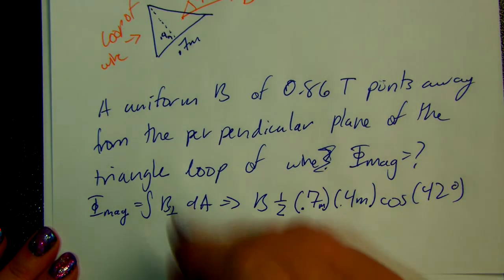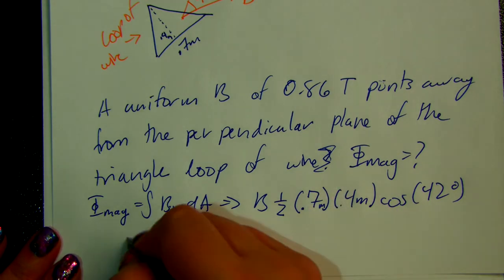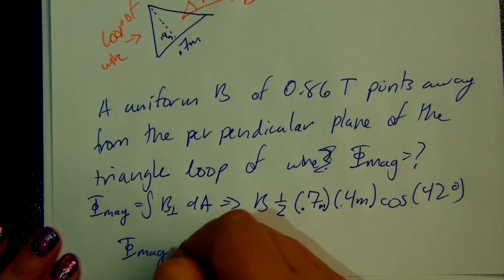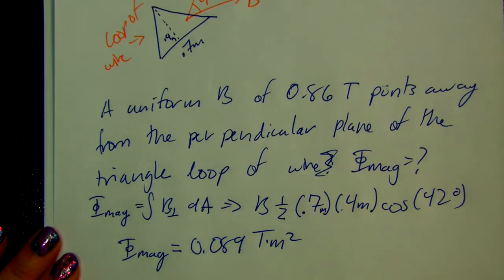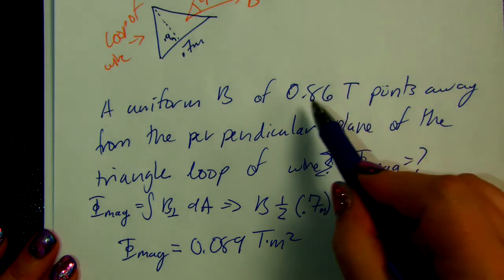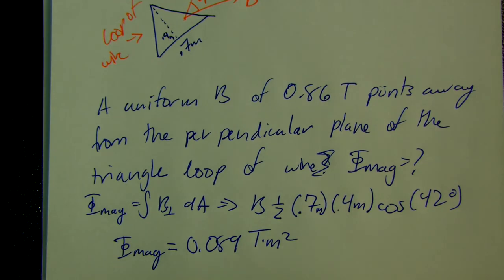So we just have that formulation for the dot product. So our magnetic flux is just 0.089 Tesla meters squared. And of course we subbed in the 0.86 Tesla into B, generating our final result.